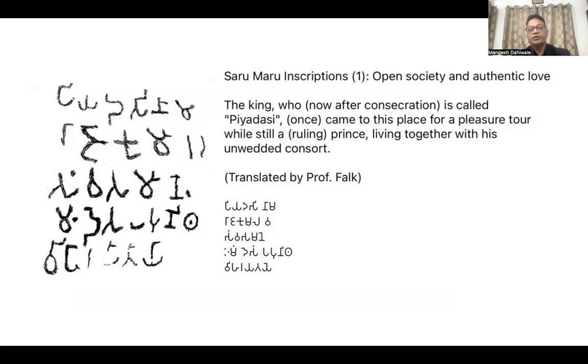According to Professor Falk, a leading authority on Ashoka, this shows that this unwedded consort might be Queen Devi, who in today's parlance can be said to be Ashoka's girlfriend. He was not married to her at that time, so he came here way back and left this inscription, which is very primitive.